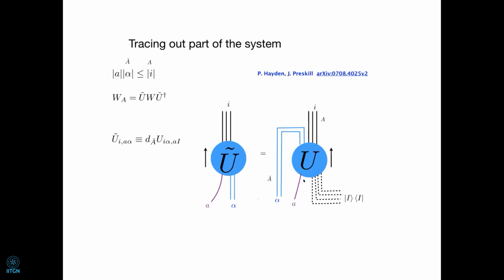So we have 5 qubits coming in, and out of the 5 qubits coming out, I only keep 3 of them, which I call A, and I throw away the 2 of them, which I call A bar. So then the goal is I still want to flip the spin, but now I only have access to part of the system, A. A similar problem was discussed by Hayden and Preskill in a beautiful paper years ago.